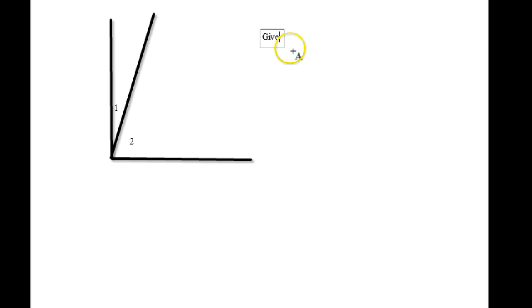Then you want to list out your givens. Given: angles 1 and 2 are complementary, and the measure of angle 2 is equal to 74 degrees.